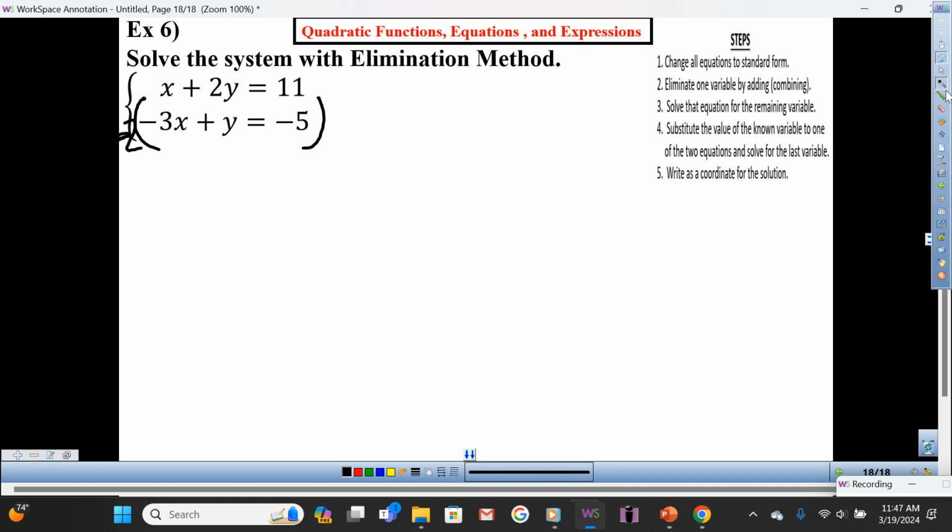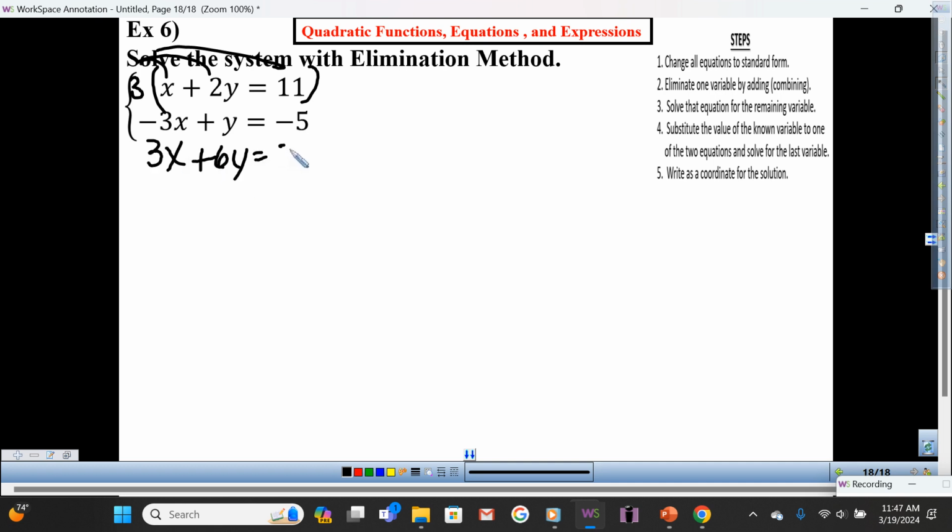However, let's say I didn't want to eliminate the y. I wanted to eliminate the x. What does the top one need to be? So that means I need to multiply this one times 3, the whole thing, and I would write 3x plus 6y equals 33, and the rest is history, yes?